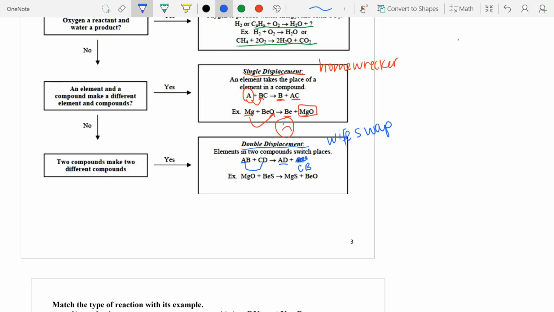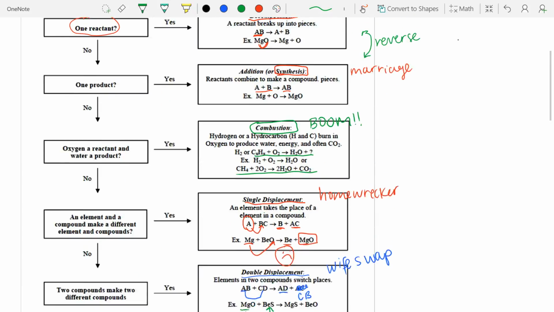Notice that you had to write this in the particular order that it came in. A and C are at the beginning, so they have to be at the beginning of the new compounds. So they just swap places. In our example, magnesium and beryllium swap places, and now magnesium is with sulfur and beryllium is with oxygen. We can use this to help us identify our reactions.